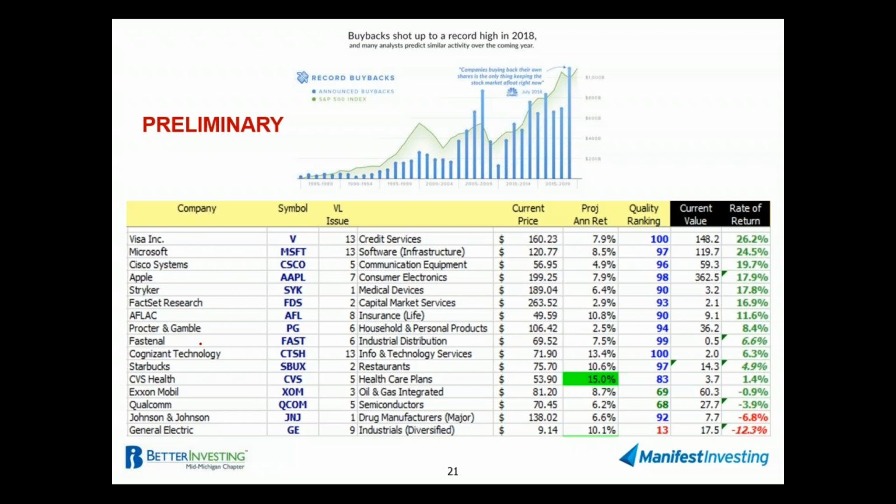If your company, let's say it's Stryker, is trading with a projected annual return of 2% and they're out there buying back large baskets of stock, that's probably not a very good decision, because like Ken said earlier, we do tend to think of the repurchase of company shares as kind of a last resort. They could invest in the company, they could pay their people, they could do a number of things. And when they run out of things, they get to that buyback.